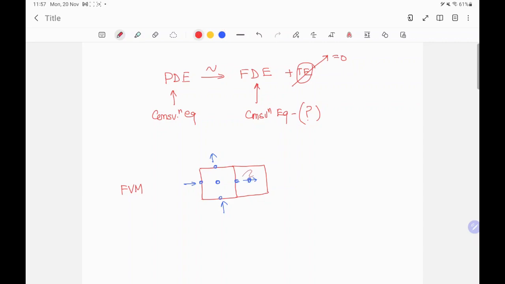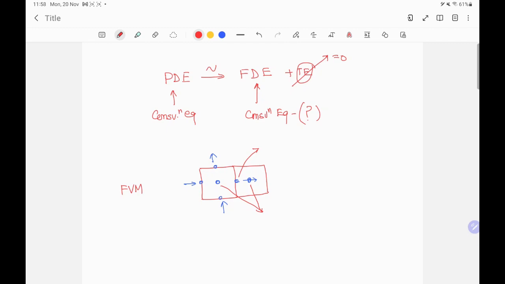Now, if you want to find the value at this point, it is found in terms of these averages. This is what it is saying, that you require values both at the centroid of the volume, the center point, and at the centroid of the surfaces, because there you have to calculate the flux.